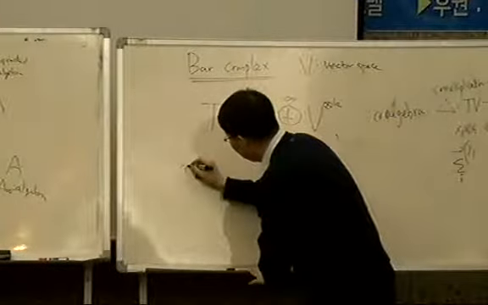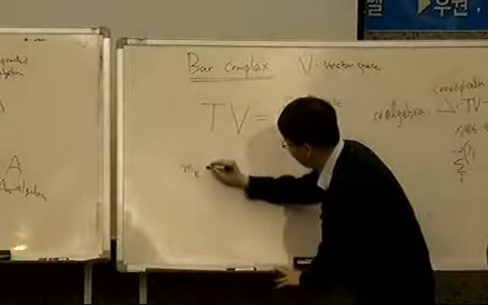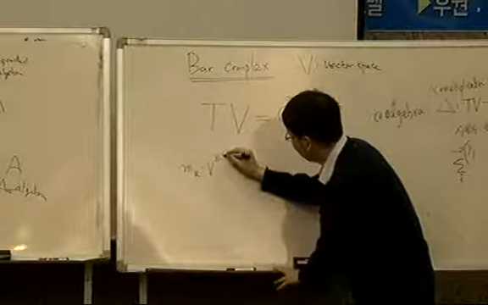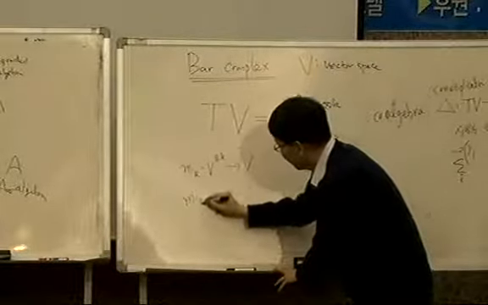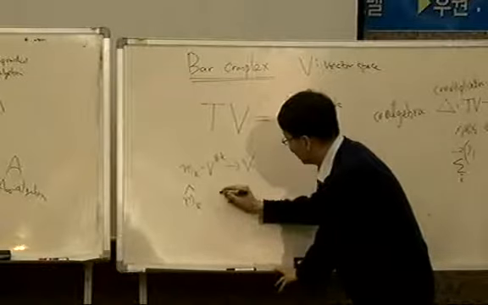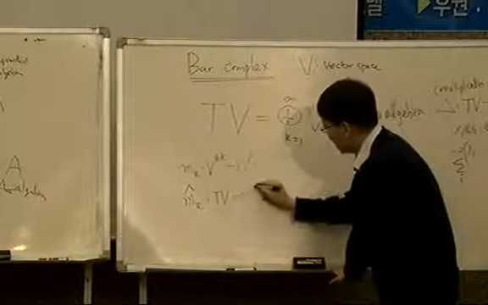This M_k was sending k tensors of vector space to V. Now you introduce notation like M_k hat. This is a map from this tensor algebra to tensor algebra.